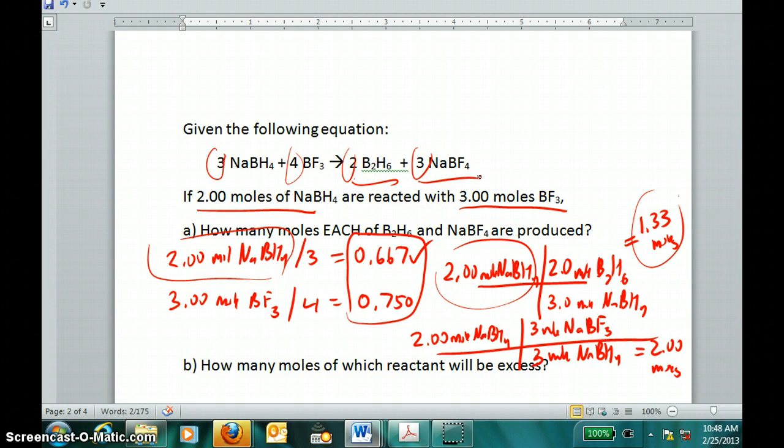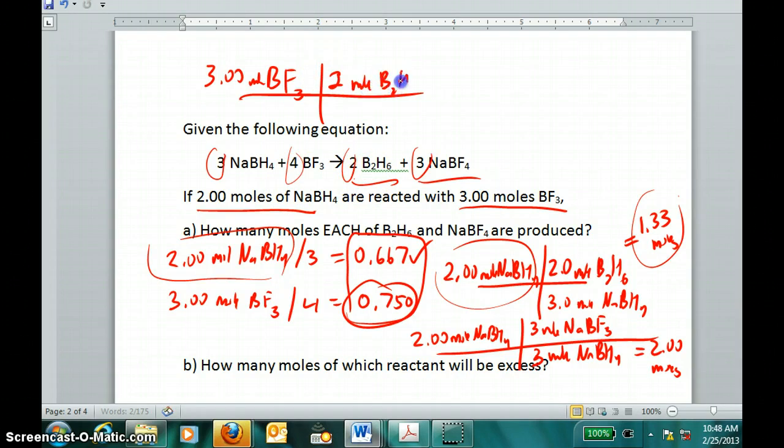Now, let me show you what happens if I had not identified my limiting reagent first. Let's say I mistakenly thought BF3 was limiting. Well, then if I reacted all 3 moles of boron trifluoride, and there's a ratio of 4 to 2 with the first product, that means we get 2 moles B2H6 for every 4 moles boron trifluoride, meaning that we get 1.5 moles of the first product.